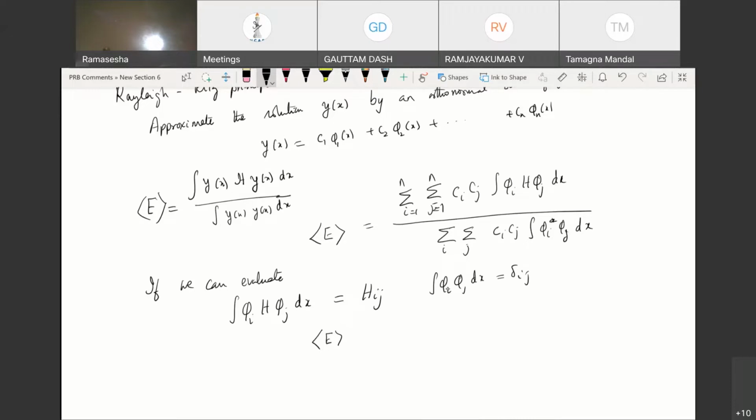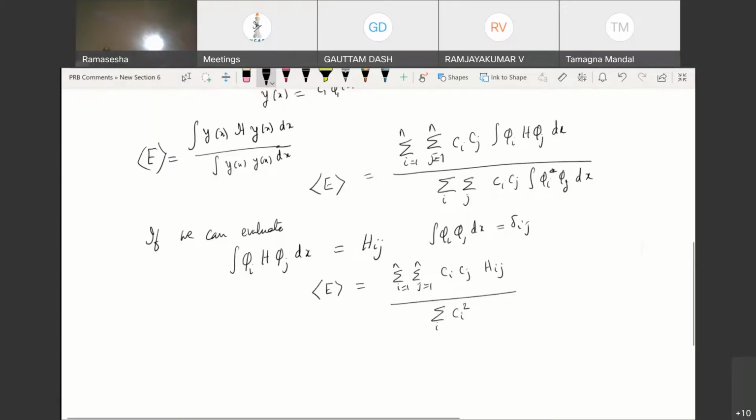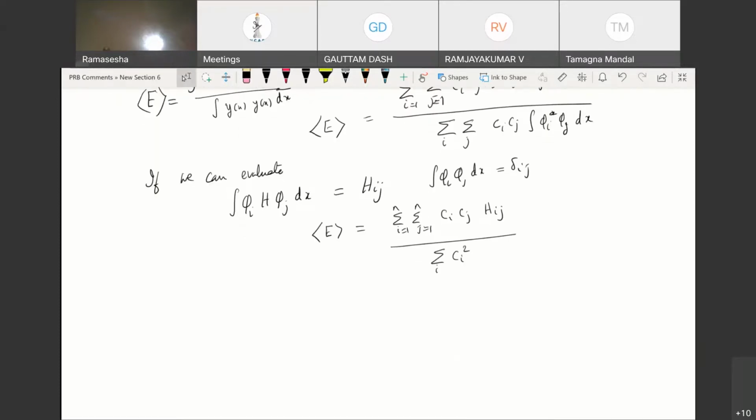So I have E is equal to the sum over i, j from 1 to n of c_i c_j H_ij, divided by the sum over i of c_i squared.